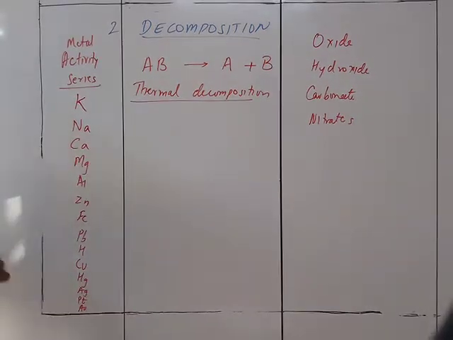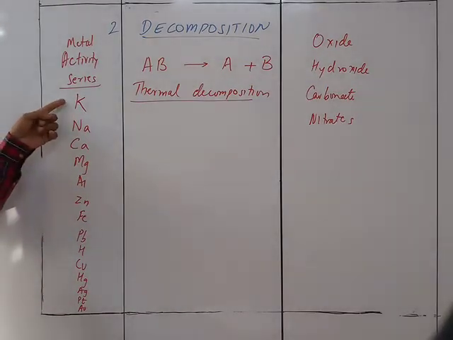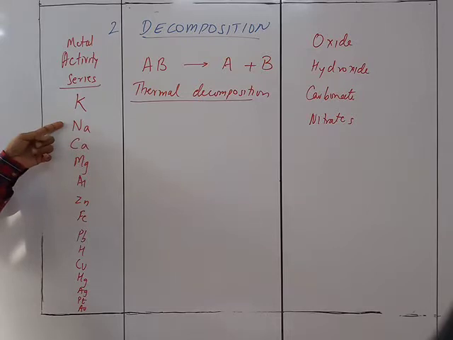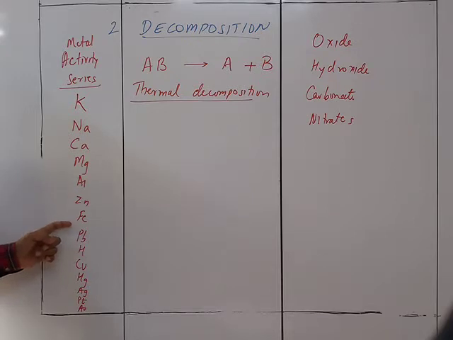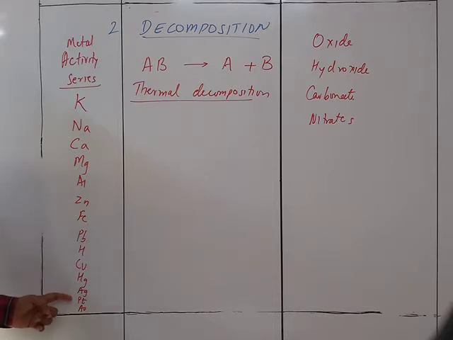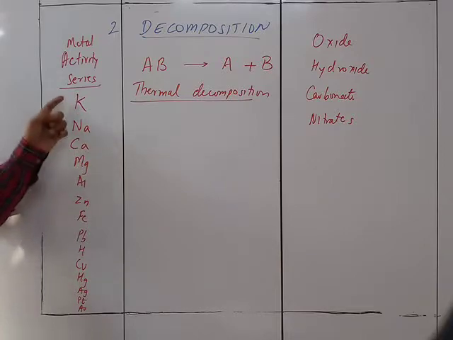So we'll just read it out: potassium, sodium, calcium, magnesium, aluminium, zinc, iron, lead, hydrogen, copper, mercury, silver, platinum, gold. This is the reactivity series.